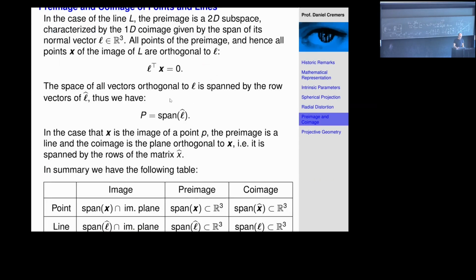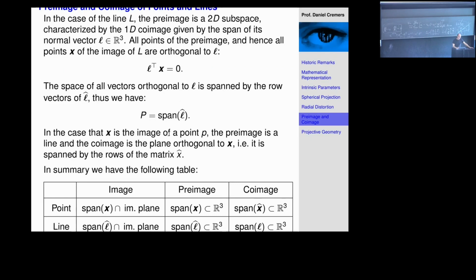So we saw the skew-symmetric matrix L hat is a matrix whose columns are orthogonal. I think the rows are orthogonal, or it doesn't really matter, but the rows are orthogonal to the vector L. So L hat times L is 0. We saw that before.